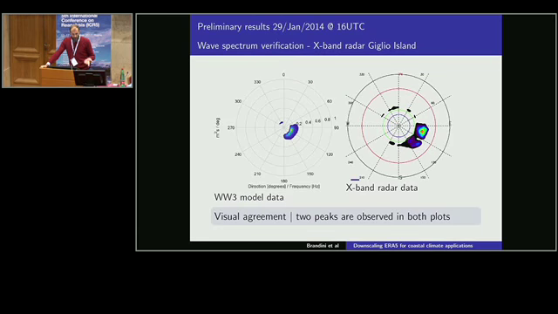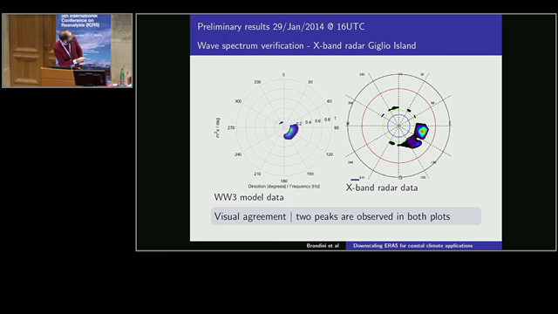And this is a comparison for a particular date and time in January 2014. On the left-hand side, we have the model data, and on the right-hand side, we have the X-band radar data. Basically, two peaks are evident here.